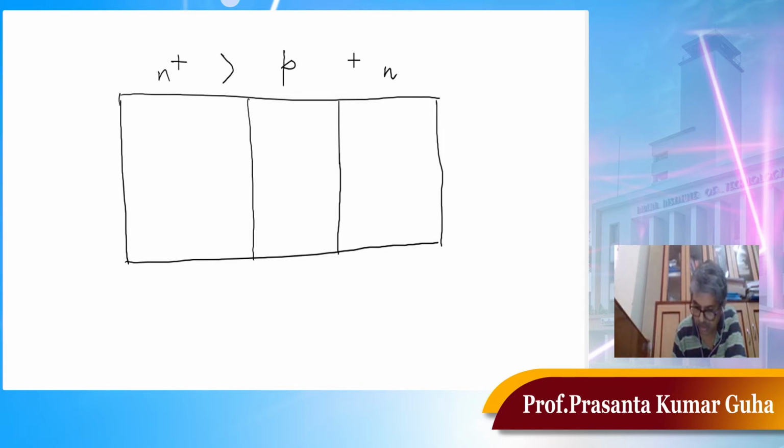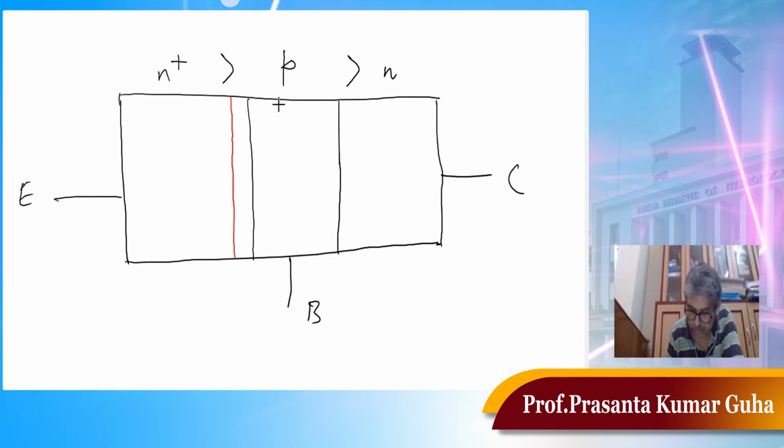Now if that is the case, if we draw the depletion region, I think we have discussed that any PN junction will have depletion region, and depletion region will basically contain immobile ions, that is depleted of free mobile carriers.